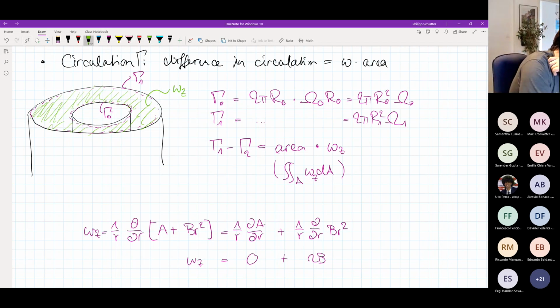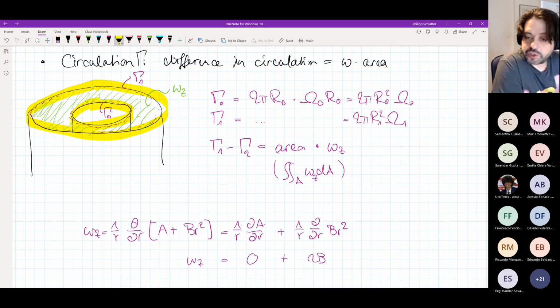And in this case of the Taylor-Couette flow, we had one surface out here and the other surface in here, on which we can both calculate the circulation.